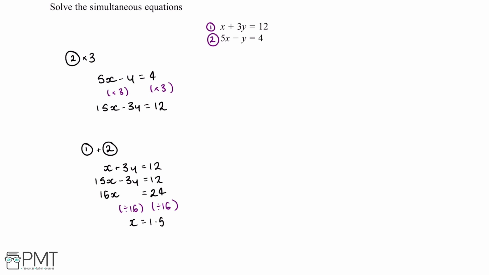So if we substitute x equals 1.5 into equation 1, this gives us 1.5 plus 3y is equal to 12. And if we minus 1.5 from both sides, this tells us that 3y is equal to 10.5, and the final thing we can do is divide both sides by 3. And this tells us that y is equal to 3.5.